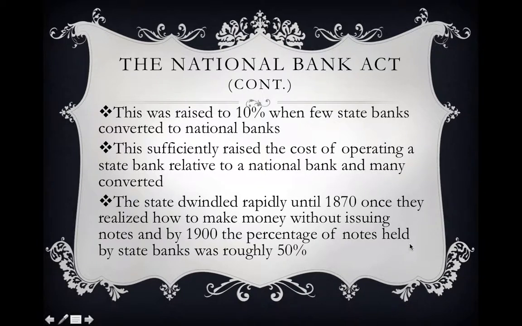So this did not cause the state banks to disappear completely. It did provide incentives to move over to the national banks, but the state banks themselves started to realize that they could still make money without issuing notes. So it did not cause the state banks to cease to exist.